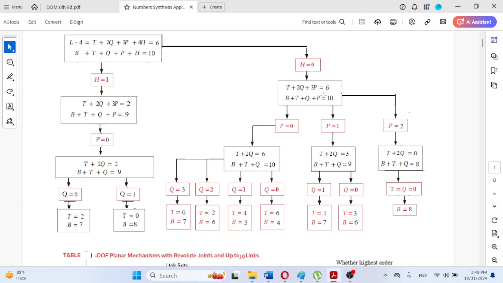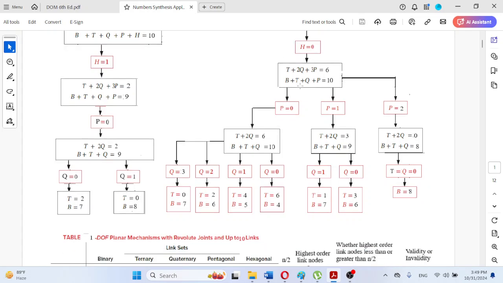So again we will repeat the same procedure: here are two sets of equations, t plus 2q plus 3p is equal to 6, and the other equation is b plus t plus q plus p is equal to 10.